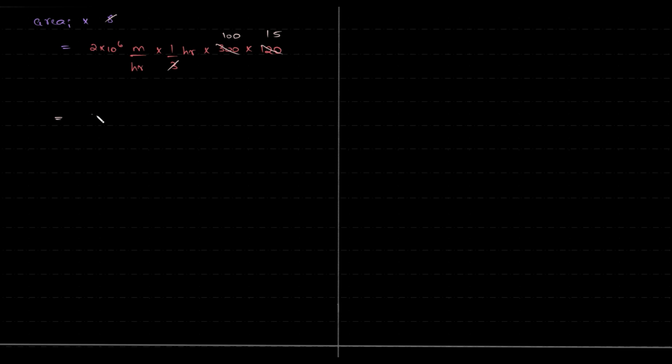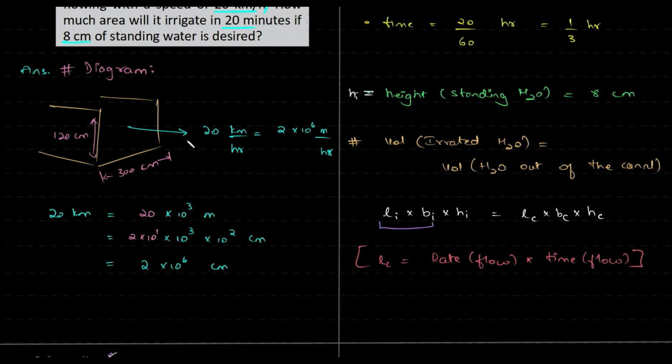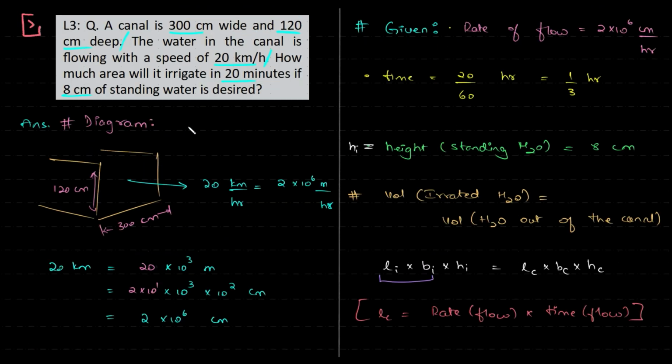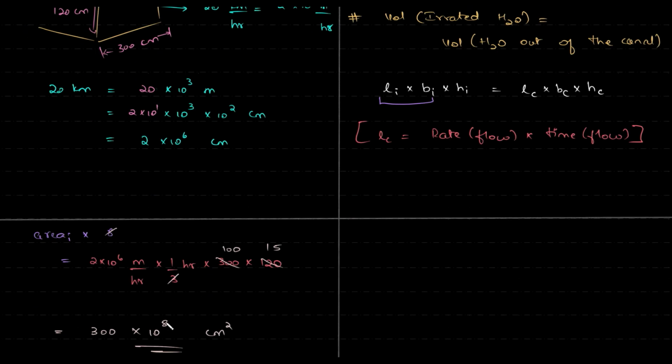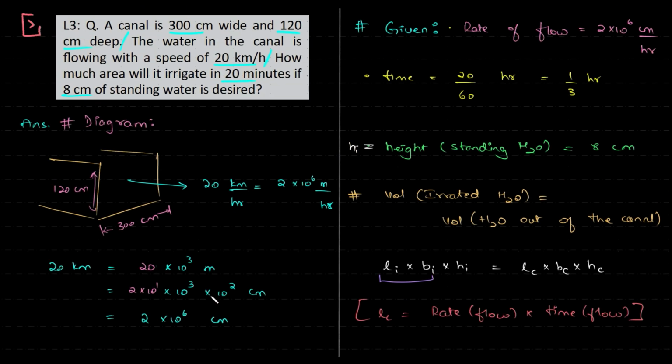So we have this to be 300 into 10 to the power of 8 basically so many centimeter square. This much of area is being irrigated. Again, they have not asked us to express in terms of centimeter or meter or anything, so we can just leave it over there. So this is also correct, right? Whatever answer we got, we have done it.